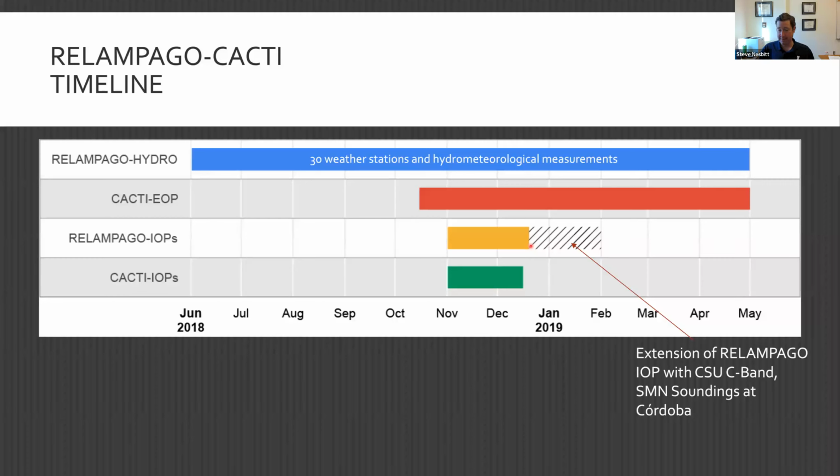This ended up being a very significant effort, bringing mobile radars and other instrumentation down to the field. These were operated by students and other scientists, both from North America and South America, and it ended up being a very great collaborative effort, and also good for workforce development in South America. We also had an aircraft there for about 40 days. So we were able to get environmental and microphysical data at some of the storms.